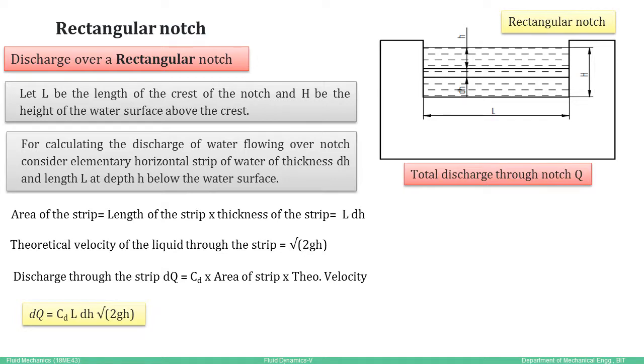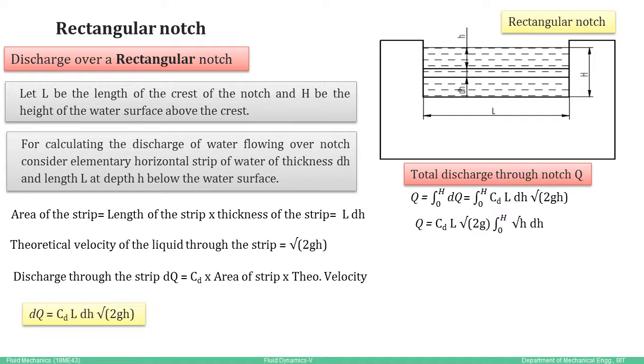Now, in order to find the total discharge through the notch, remember this small dQ is only the elemental discharge through the strip. To find the total discharge, we have to integrate dQ over the entire vertical height from 0 to capital H. In doing so, first let us take out all the constant terms. g is an independent parameter, L is the geometrical width parameter, and Cd is the constant for the notch.